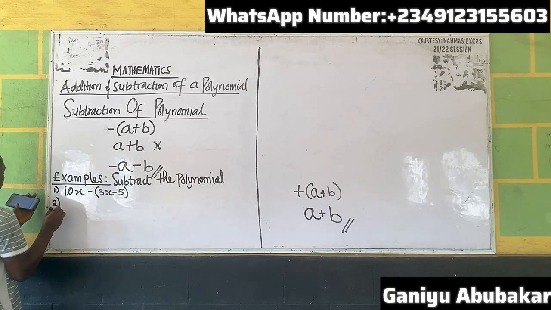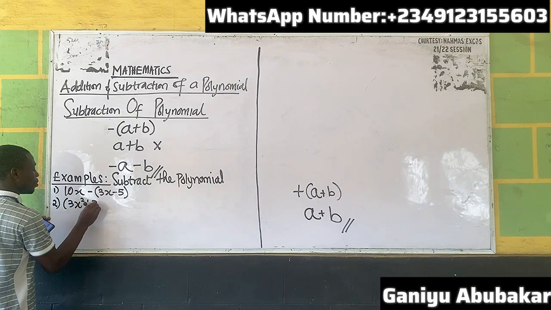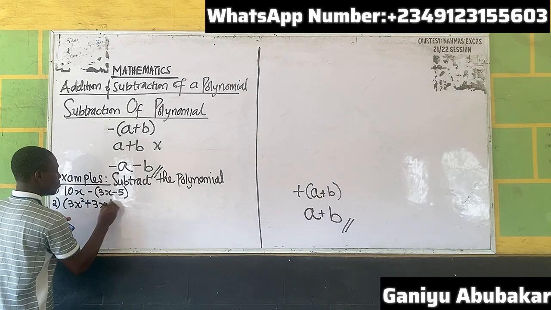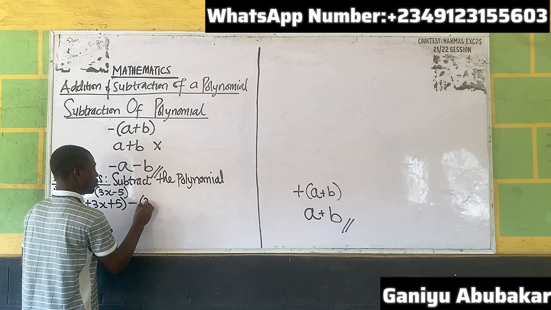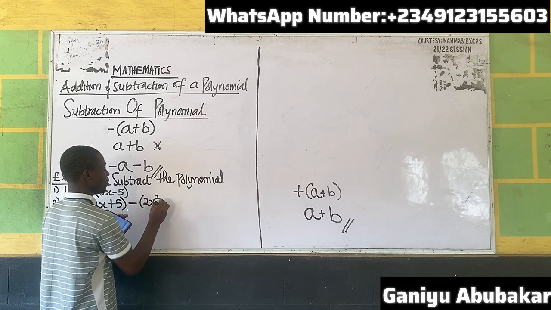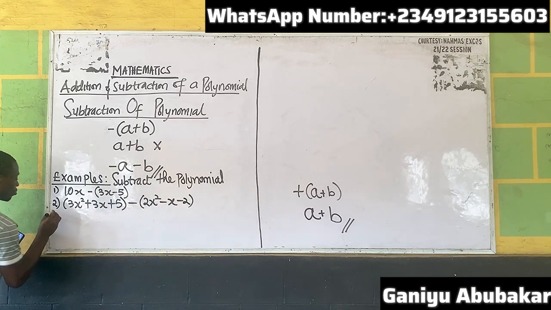Number 2, I have 3x squared plus 3x plus 5 minus (2x squared minus x minus 2).